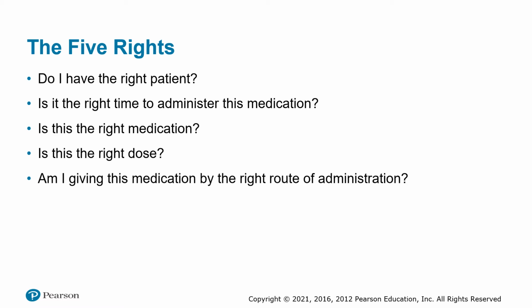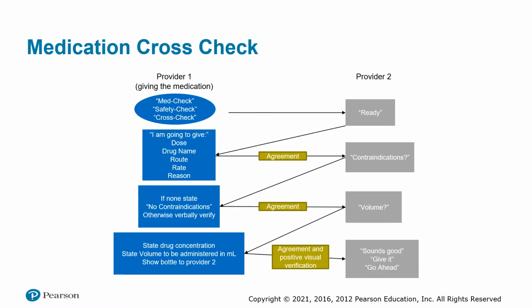So you have to ask yourself: do I have the right patient? Is this the right time to administer this medication? Is this the right medication? Is the dose that I'm going to give the right dose? And also look at the right route. Okay. So this is a medication cross-check.